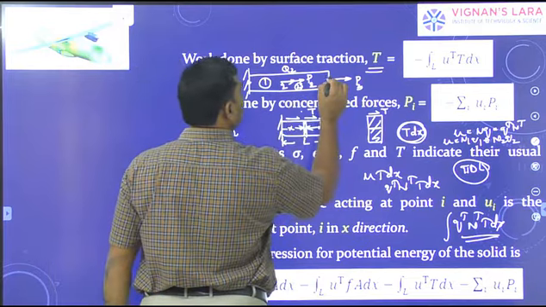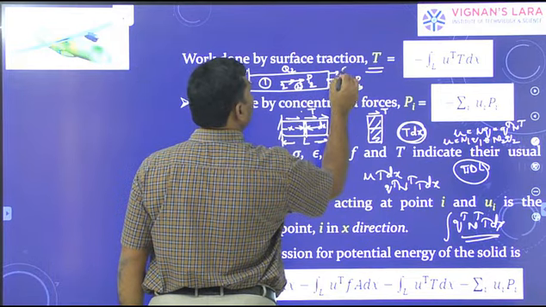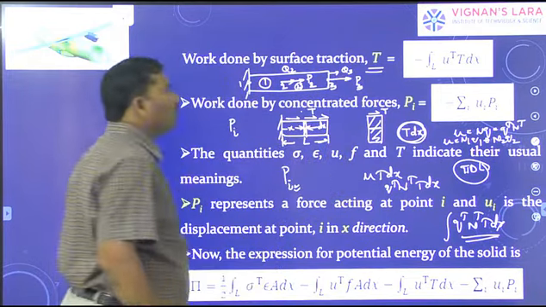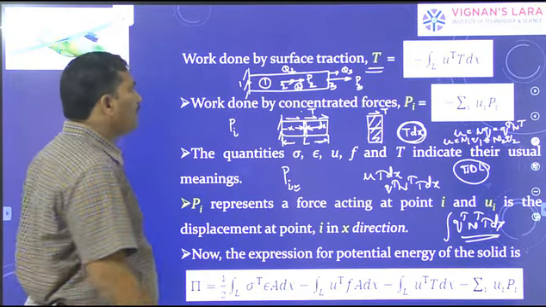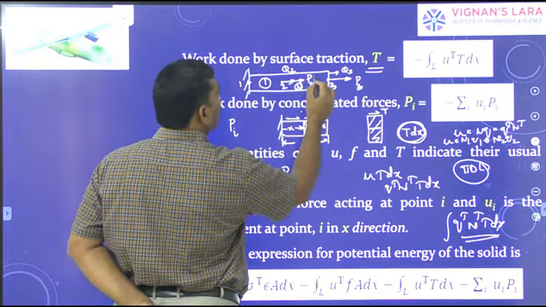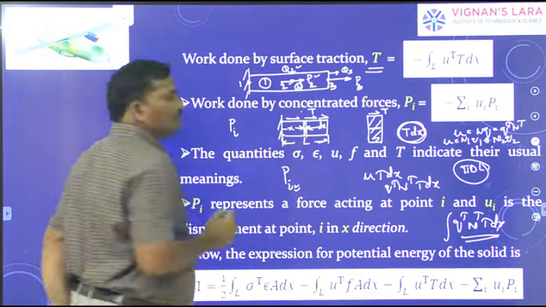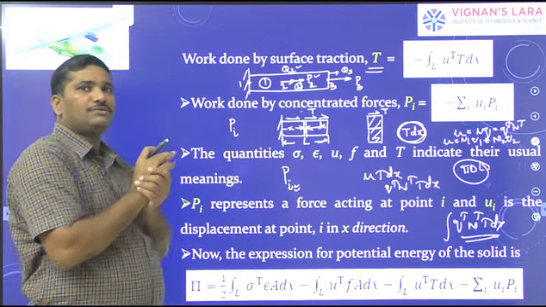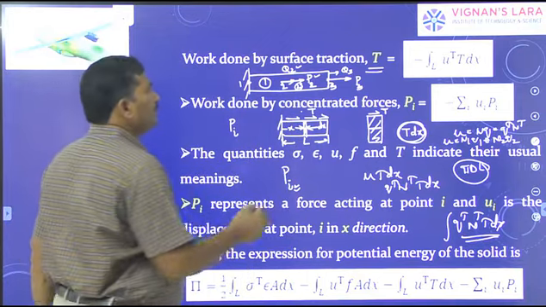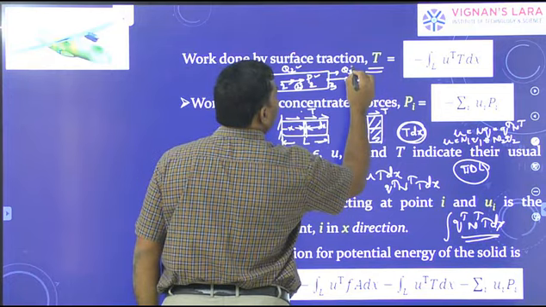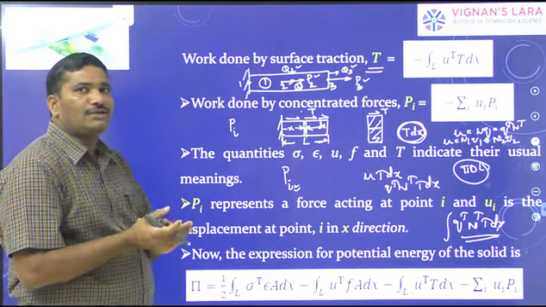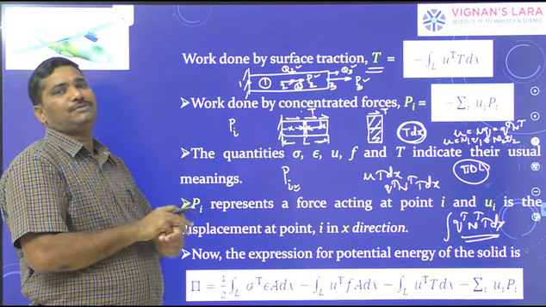Nodal value at node 3 is simply Q3, where Q2 and Q3 are the global displacements. Therefore, when you multiply P2 by Q2, you get the work done by the concentrated force P2. When you multiply P3 by Q3, you get the work done by the concentrated force P3.